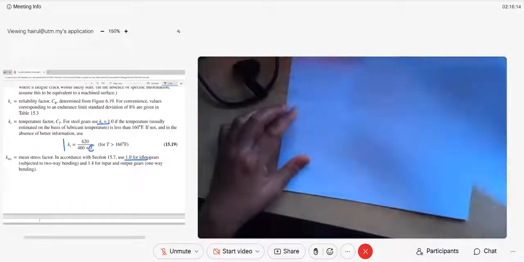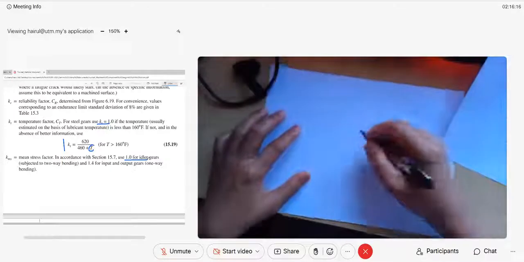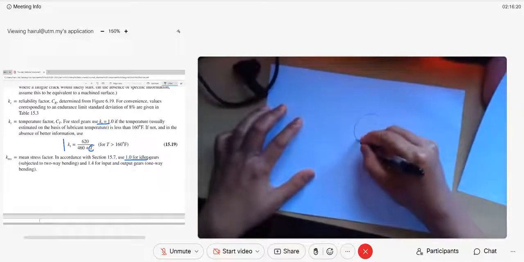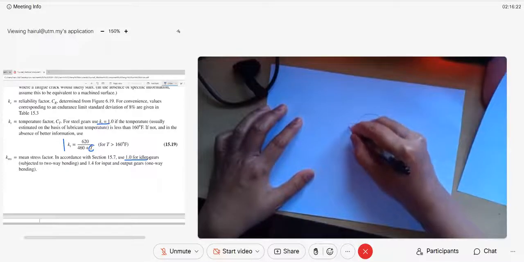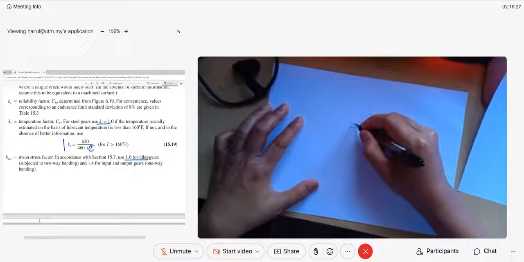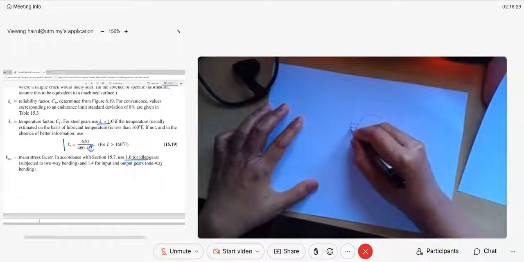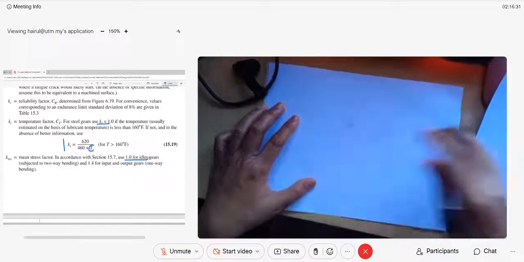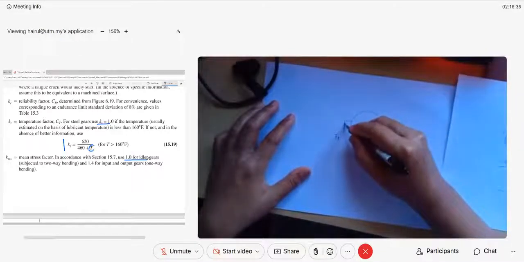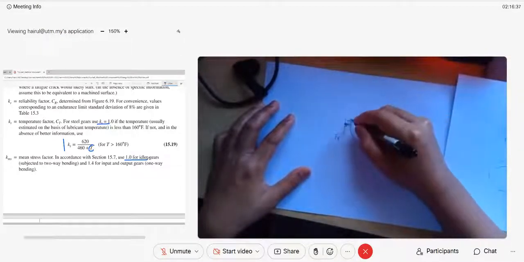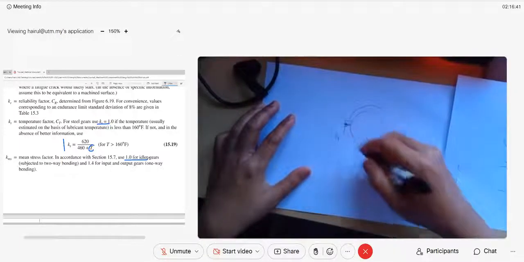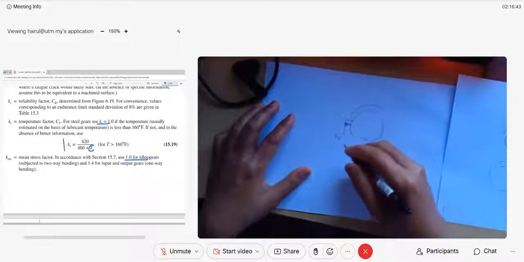The same goes for the output gear. The output gear, gear number 3, has a tooth, and the idler gear is driving it, so this is the tangent force from the idler to the last gear, the output gear. The input and output gear have impact only at this one surface.